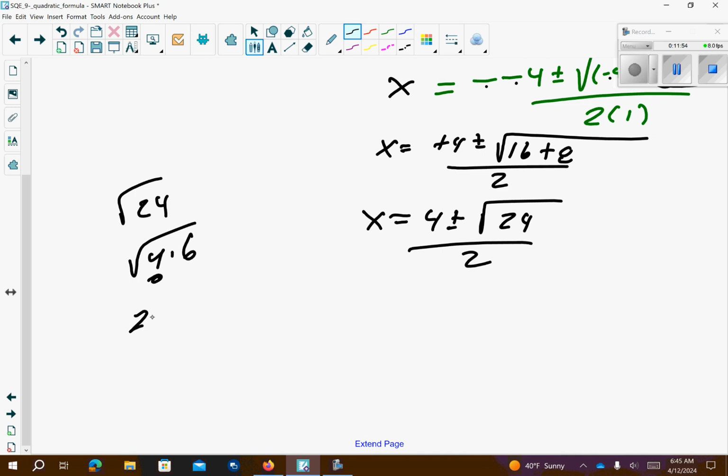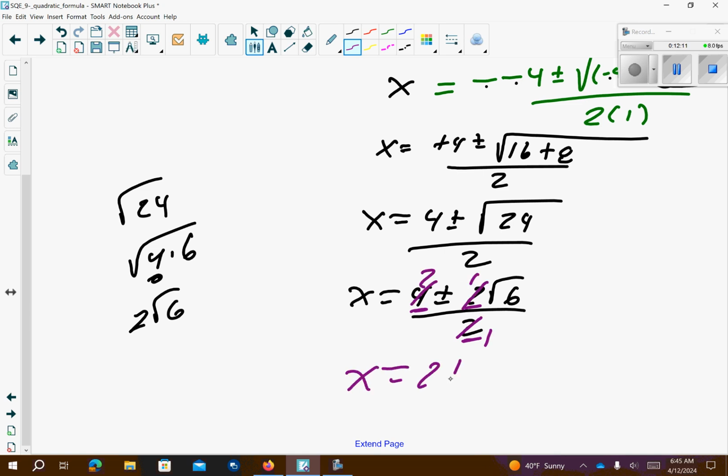Square root of 4 is 2, so I get 2 square root 6. So x equals 4 plus or minus 2 root 6 over 2. Everything outside the radical will reduce by 2. So x equals 2 plus or minus square root 6. That's my answer. Don't make it a decimal. Leave it just as that.